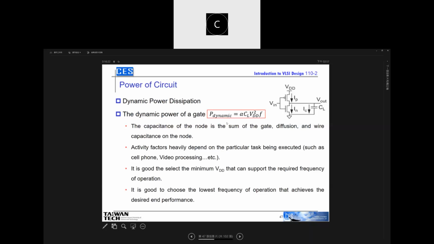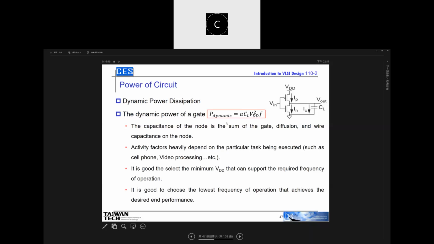If you reduce the frequency, that means you reduce the speed, right? So that is also a dilemma here. You need to decide on a good frequency so that you can find a balance between the speed and the power consumption.